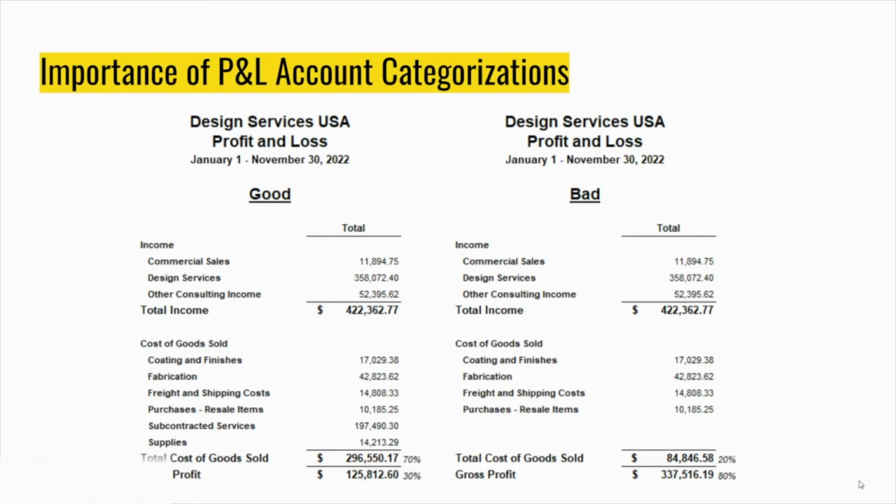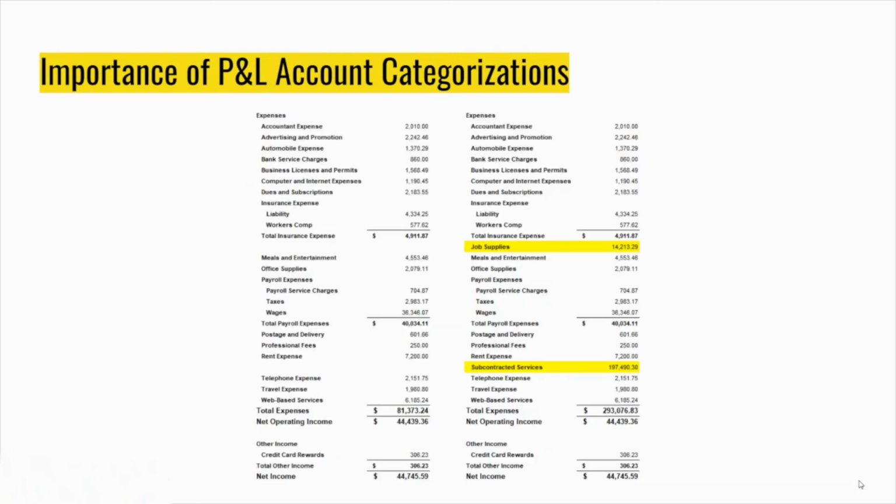So if we move down further now, so we go down to the overhead portion of the P&L, you can see on the right-hand side here the job supplies and the subcontracted services that should have been up in that cost of goods sold section are being shown down here in the overhead. So moral of the story is, the bottom line net income for the good P&L and the bad P&L is exactly the same, right?